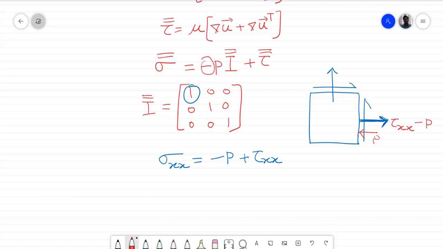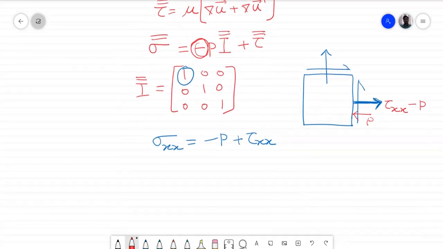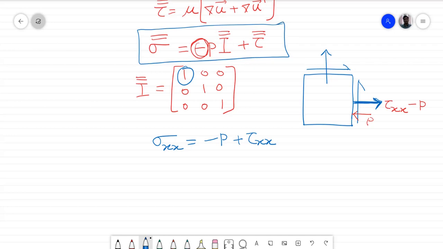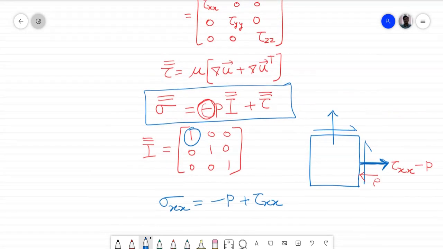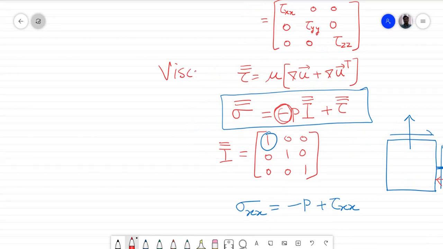Therefore, you have this negative sign in this term. So this is the total stress acting on a fluid element, a combination of both the pressure contribution and the viscous stress contribution. This tau is also known as viscous stress, because it appears when you have viscosity and when there is a flow.